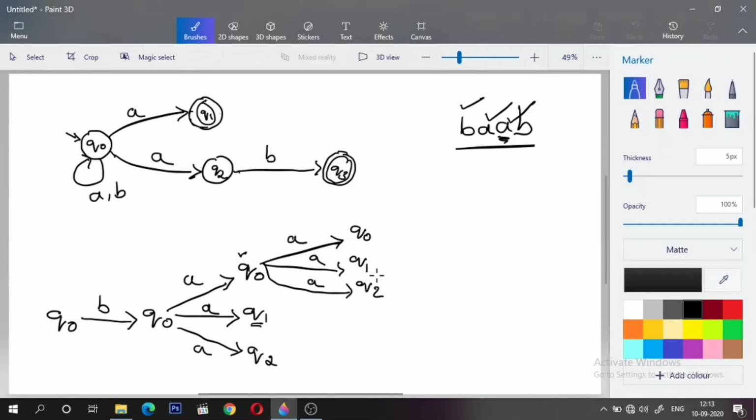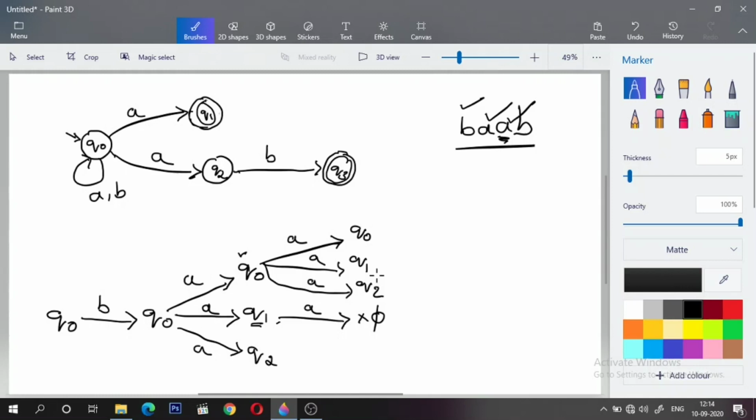Q1 upon A, there is no transition, so there is no definition for A upon Q1. So I go to some dead configuration. Let me represent it as null. So this path is dead. I cannot continue further since there is no definition for Q1 upon A. So this is a dead path.